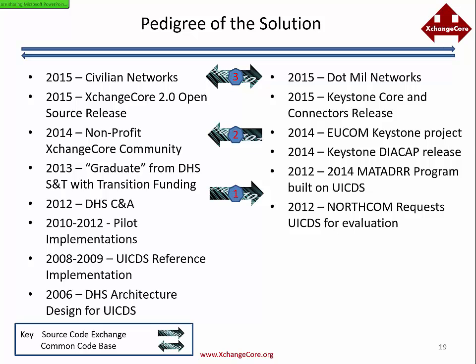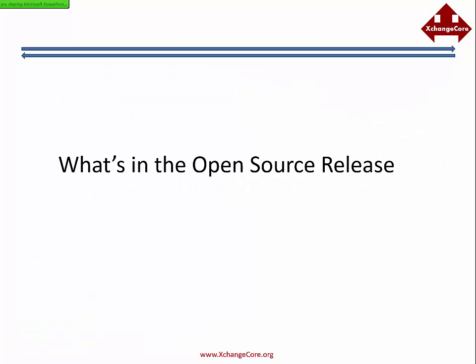But most importantly, what it has done is provided back on both sides, military and civilian, a rich body of new capabilities into what on the civilian side is called XchangeCore, and on the .mil side is called Keystone. So let's take a look at what's in the open source release.